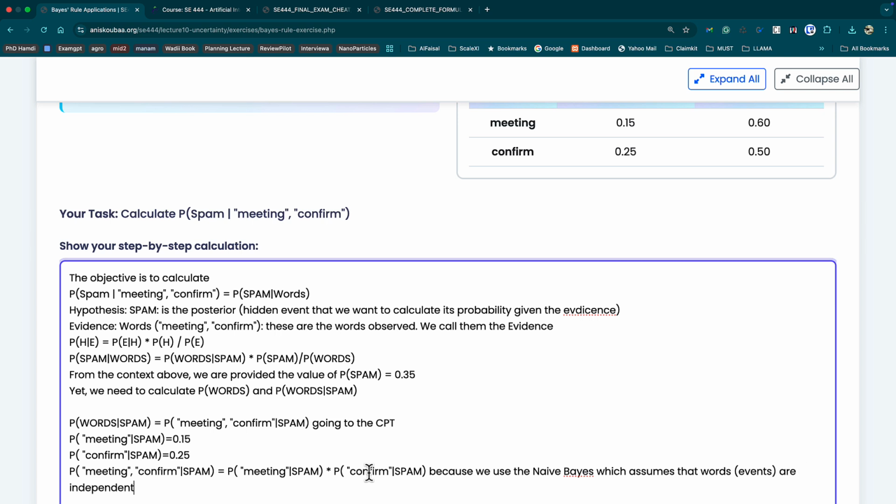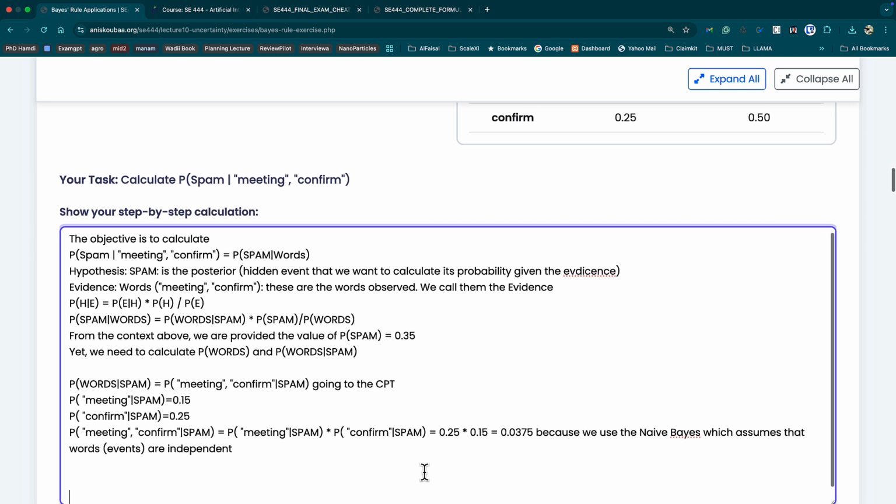Otherwise, we need to use the chain rule, all of it. So, and this gives what? 0.25 multiplied by 0.15, which is equal to 0.0375. Okay, so this is the first part.